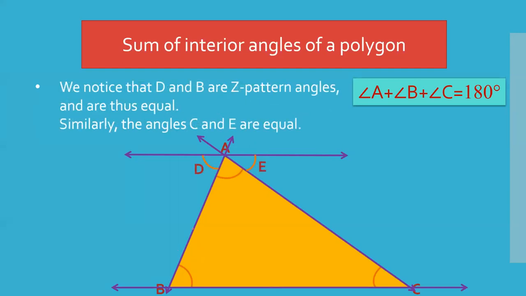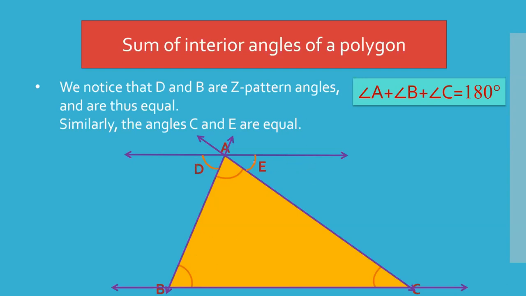And the other side, A equals C. So there is another Z pattern happening right here. The Z is looking the other direction, but it's the same idea. So this angle is equal to the angle C here. Yes, in the shape that we have created, this angle D is equal to B, and this angle E is equal to C.